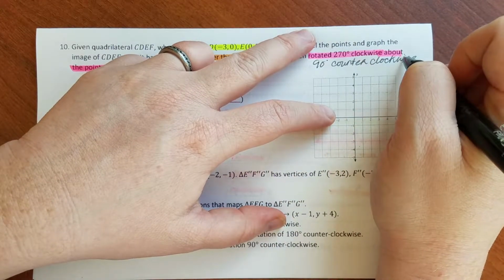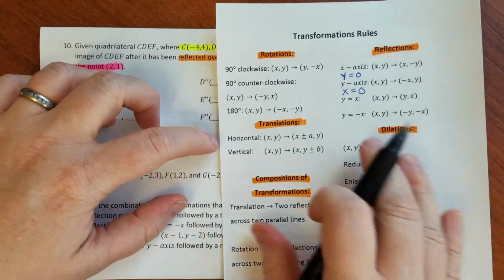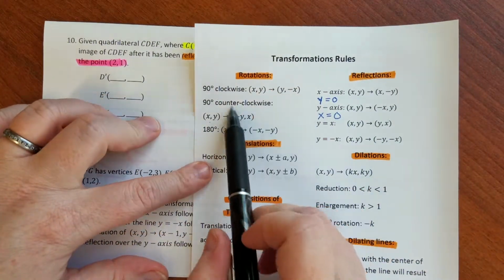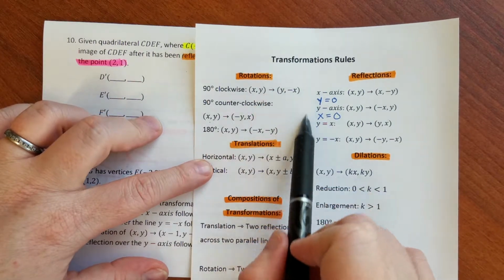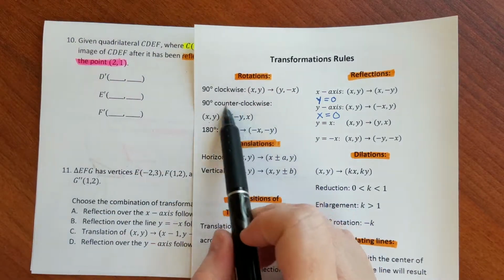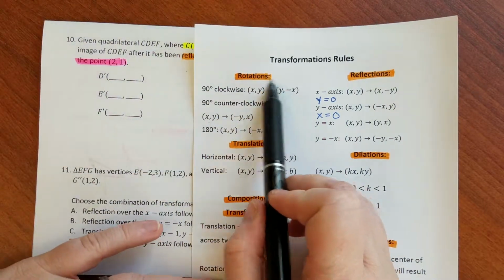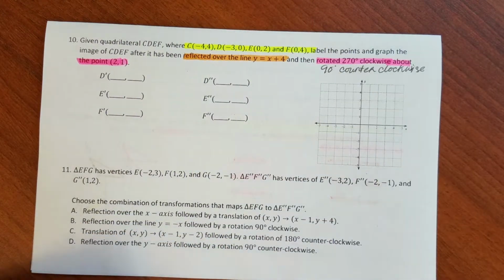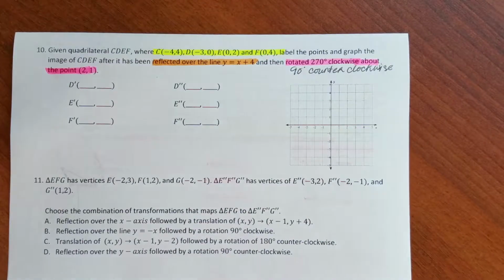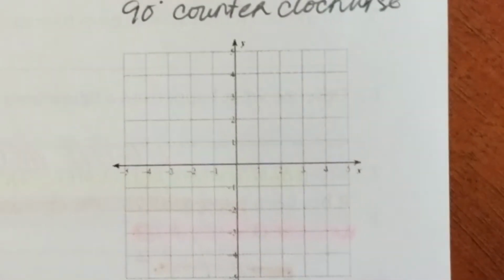So we don't have 270 degrees written in our notes. However, if we're going 270 degrees around the coordinate plane, that's the same as if we went 90 degrees the other way. All right, so let's plot our preimage.